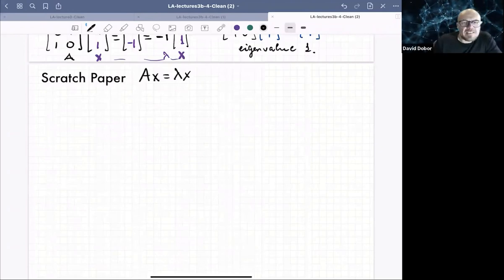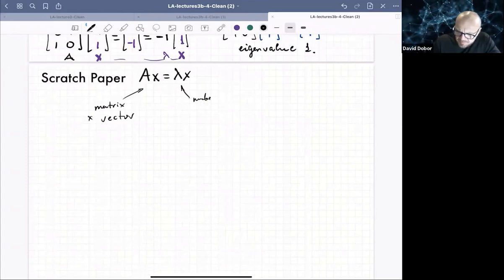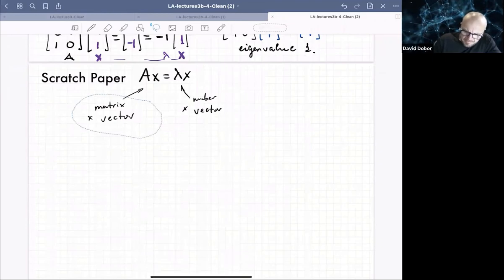So first, before we go to that example, this is matrix times vector, and this is number times vector. I want to rewrite this as matrix times vector.